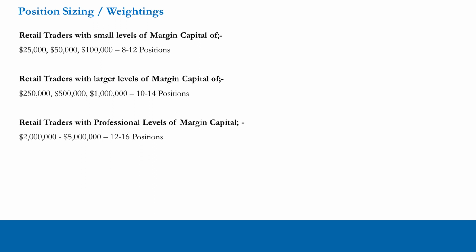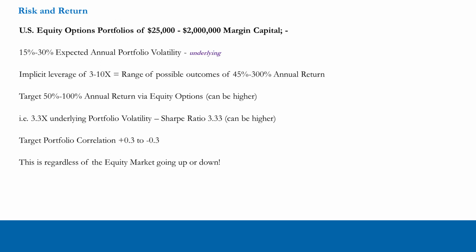Now, when we are looking in the US and considering US equity long short options portfolios for both small retail traders and larger retail traders, so $25,000 to $2 million margin capital, we're looking at targeting certain levels of risk and return. Okay.